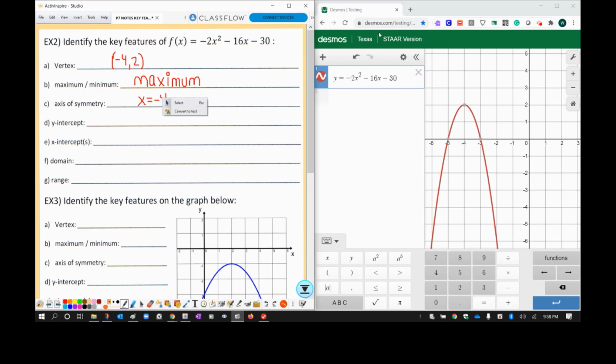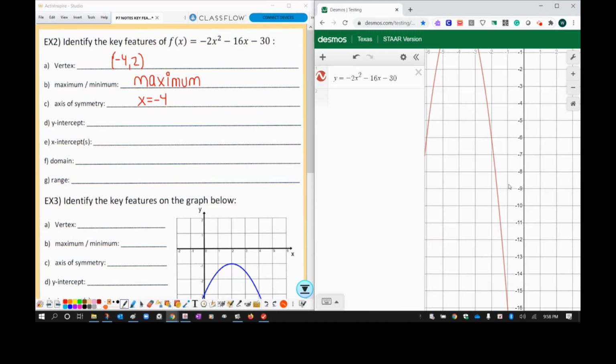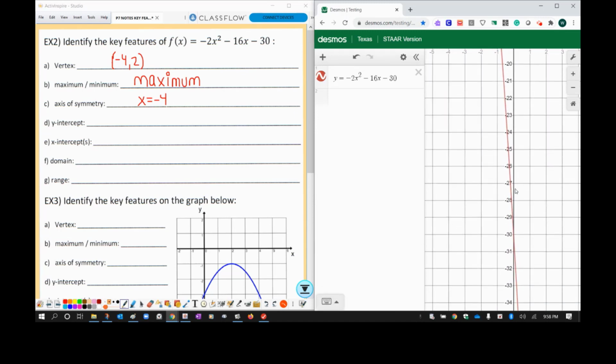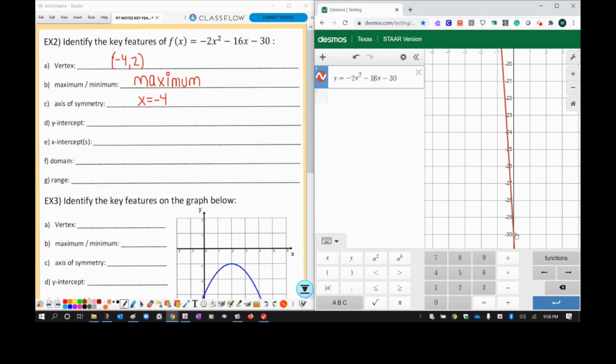For the y-intercept, we're going to have to move the graph a little bit down. So just click on it and move down until you can see where the line touches right there. If you click right here, it will show you there, 0, -30. Perfect. 0, -30.